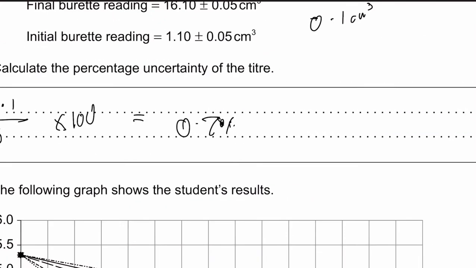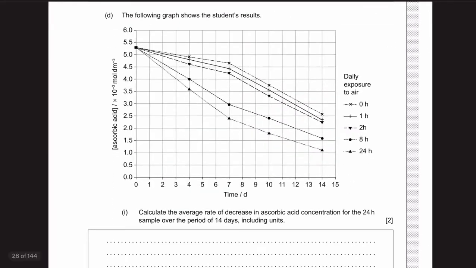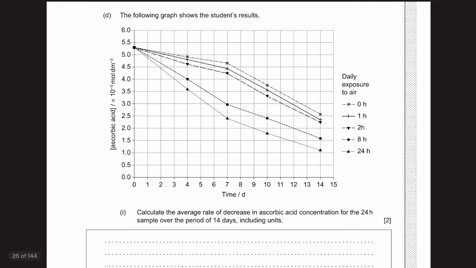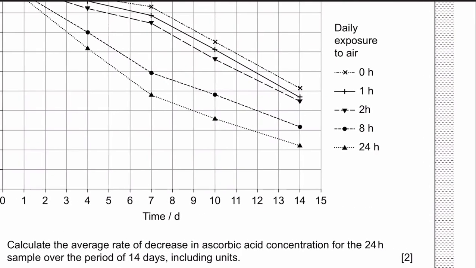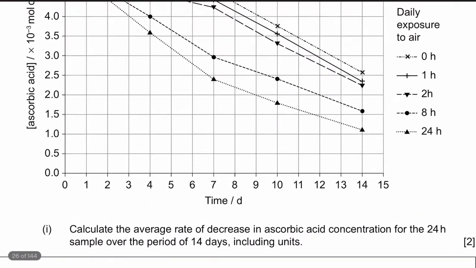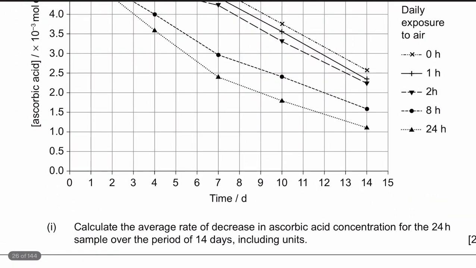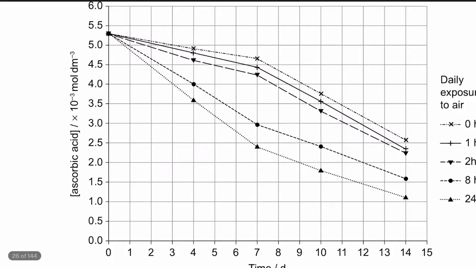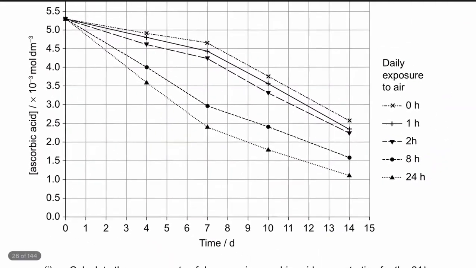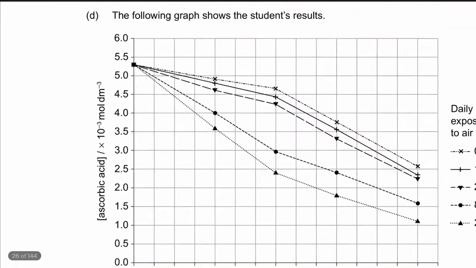The following graph shows the student's results. Calculate the average rate of decrease in the ascorbic acid concentration for the 24-hour sample over the 14 days, including units. The 24-hour sample is the triangles. Average rate means we just do rise over run.